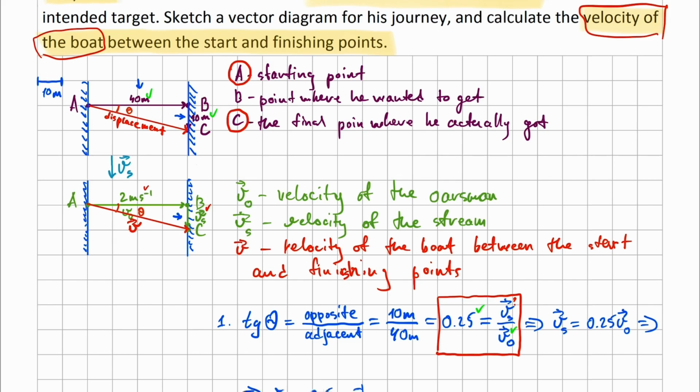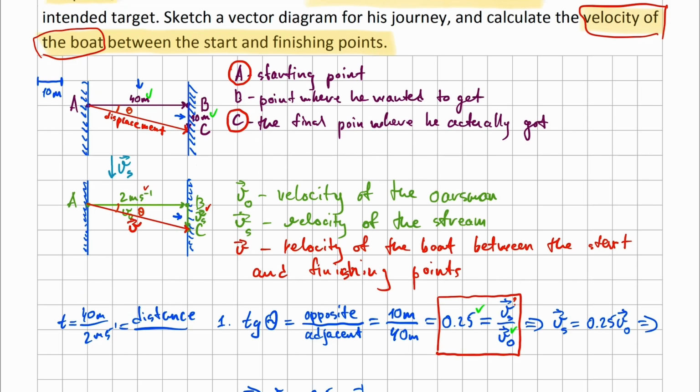What they were saying was that the time the oarsman took to travel from one bank to another was 40 divided by his speed, which was 2 meters per second. Guys, this is completely wrong, because the trajectory at which the oarsman was moving was not 40 meters long.